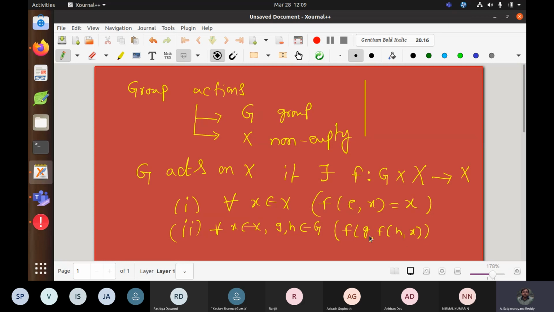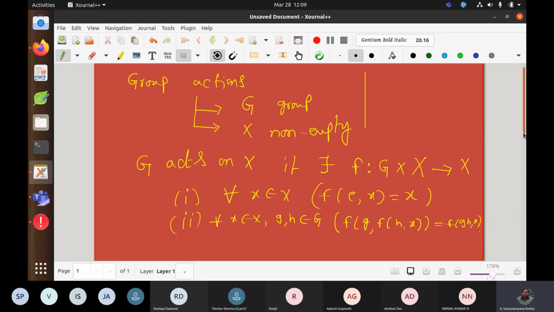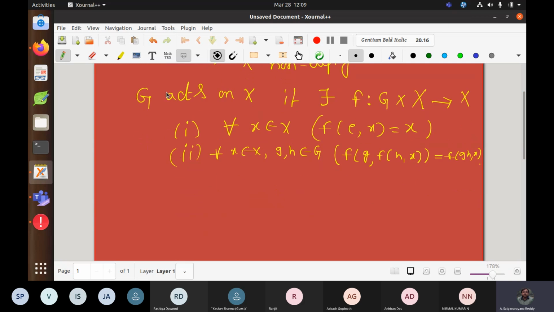So it is an element of X, and g acting on this is equal to gh acting on x. Okay, so if these two conditions are satisfied, then we say that G acts on X, right?